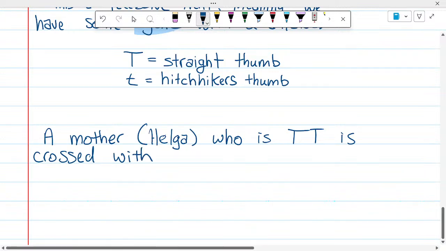It's sex, but anyway, she is crossed with a father. Let's give him a name. Brian Barnes. So Helga and Brian Barnes are crossed.